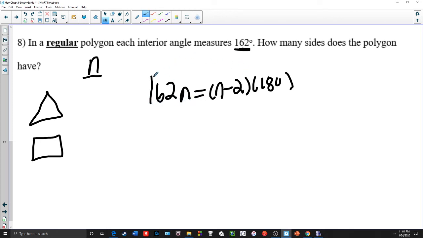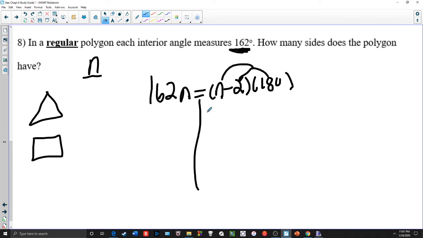So these two formulas should agree. I'm trying to figure out what n would make 162 times it the same as this formula over here. So you would set these equal to each other: 162 times n is equal to n minus 2 times 180. And you solve it through.